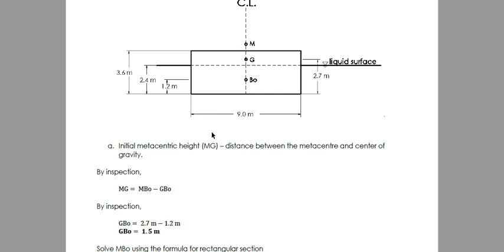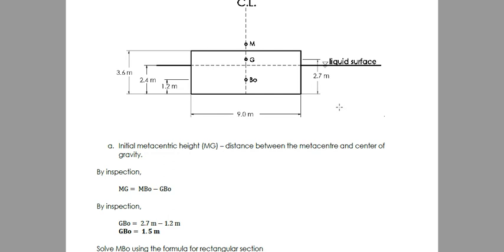The problem says G is 2.7 meters above the base of the scow. There may be a load, so G is no longer the centroid of the shape, but higher, because of course there is cargo placed there. So G would shift based on the amount of load put on the scow.